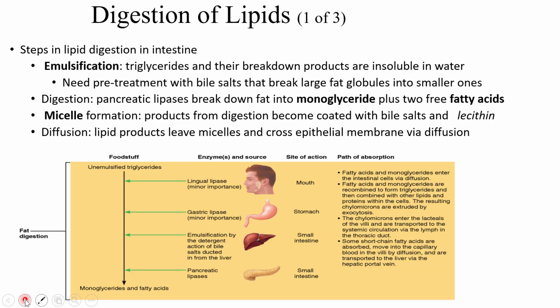So here is the third, and hopefully not the last because we have nucleotides. Now, the third in the big digestion process is the digestion of lipids, which is kind of unusual because it has a different route by which we digest them. So the first step in lipid digestion in the intestine is to emulsify it. Remember that lipids are fat.